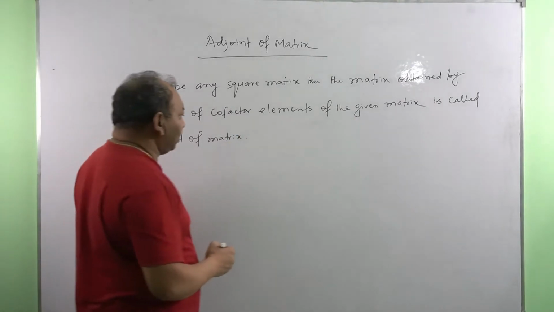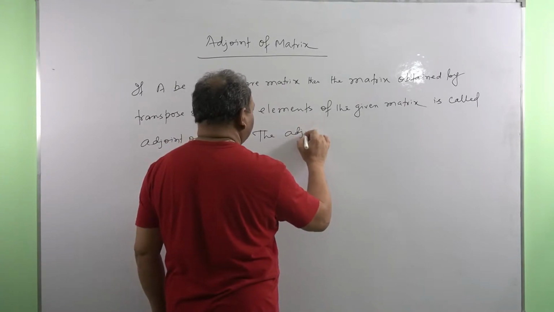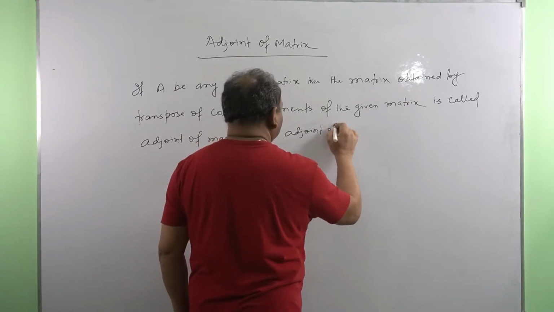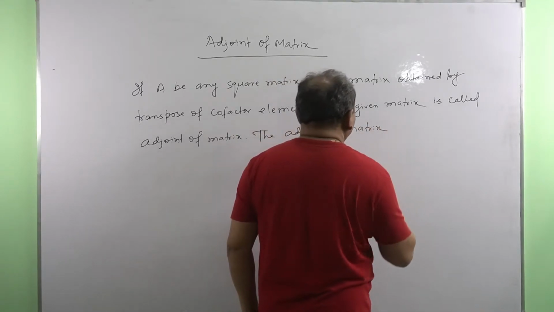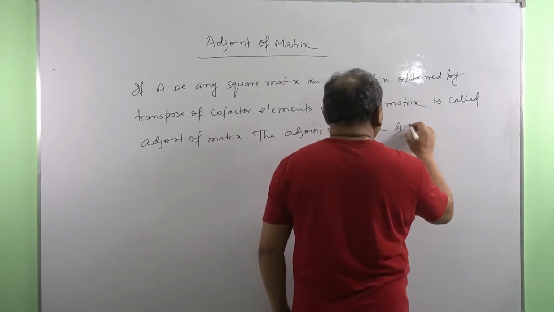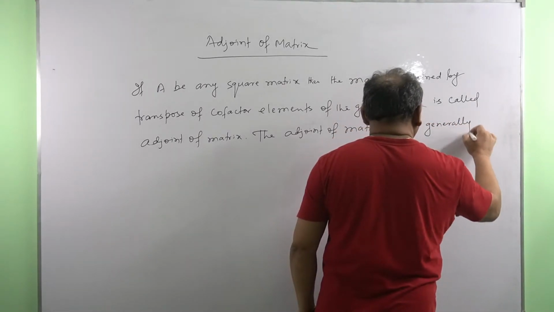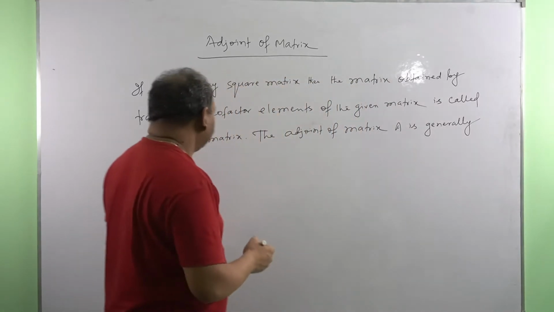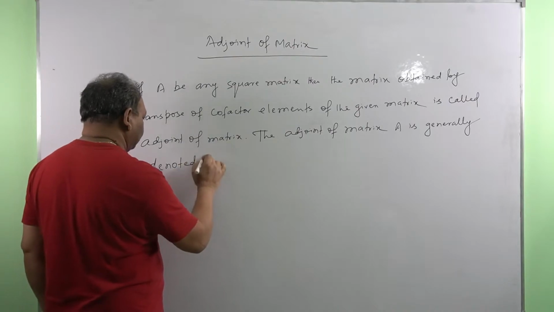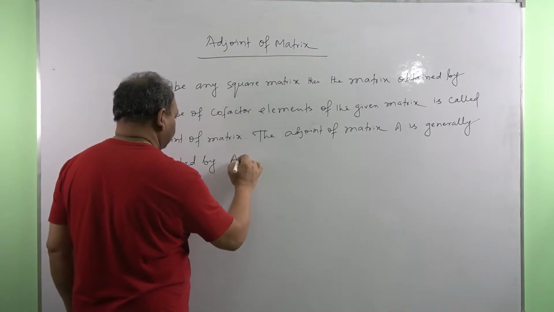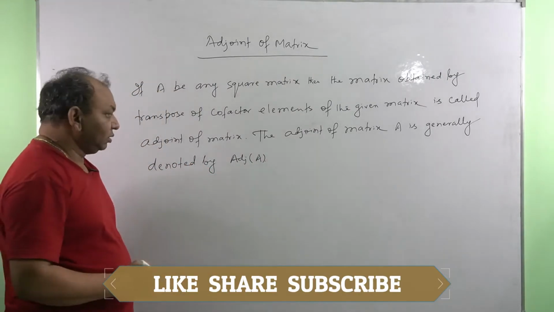The adjoint of matrix A is generally denoted by ADJ of A. So let's take an example.